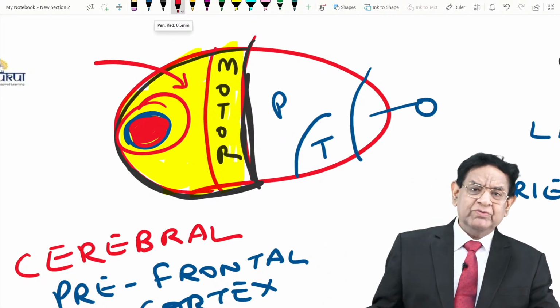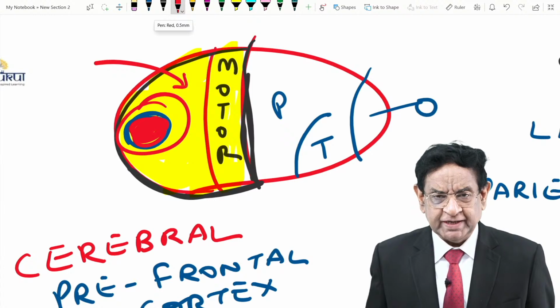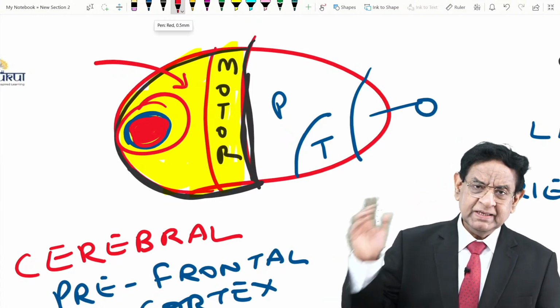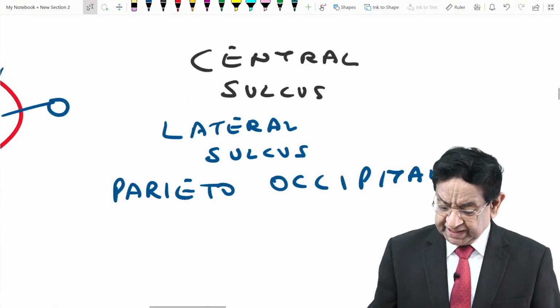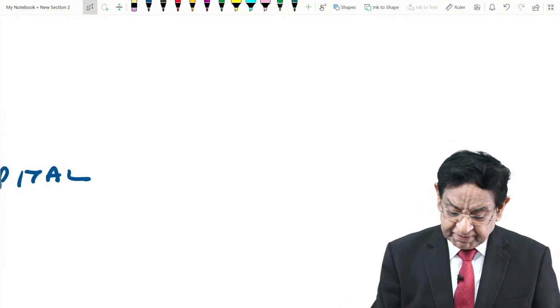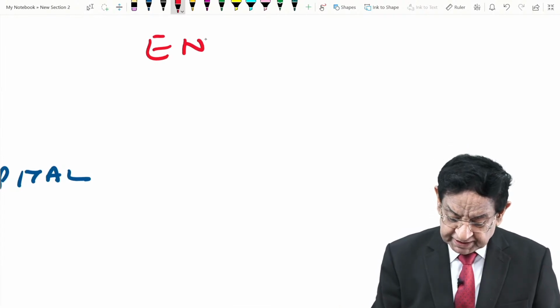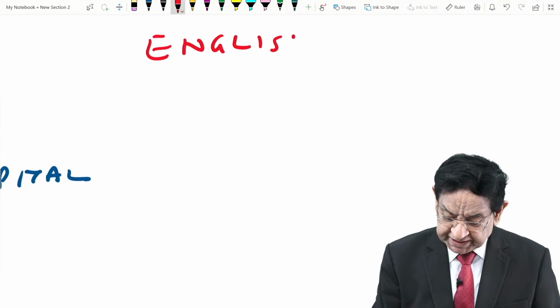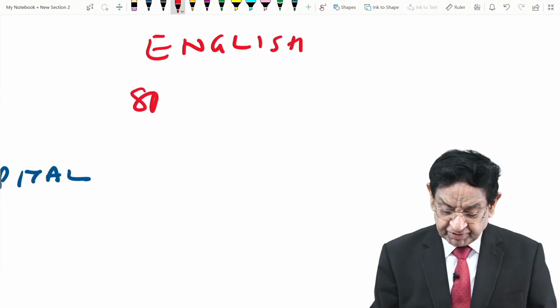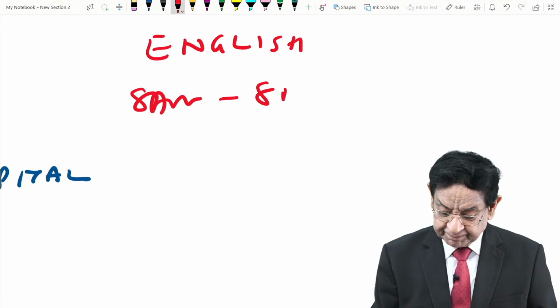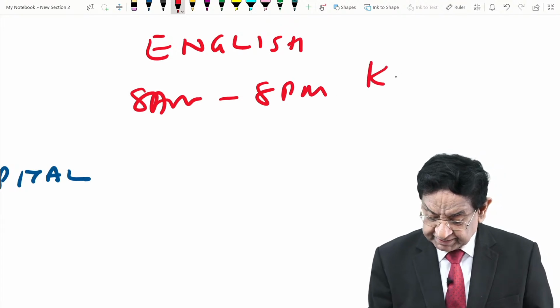I told you when a person takes alcohol, that social inhibition is gone. Even language changes. They say in India, maximum English is spoken in which state? They say from 8 a.m. to 8 p.m. it is Kerala.